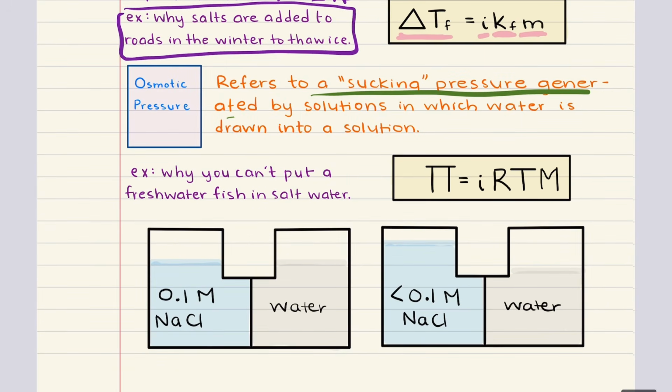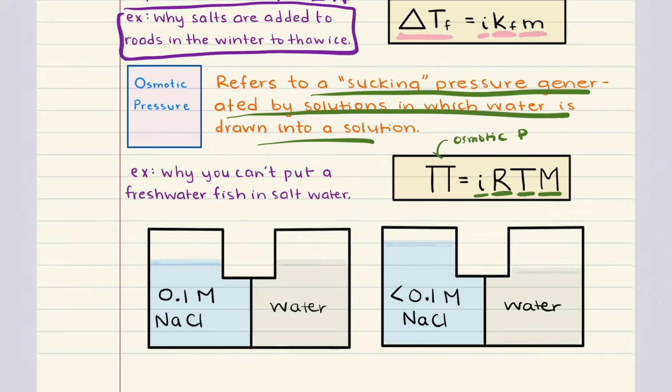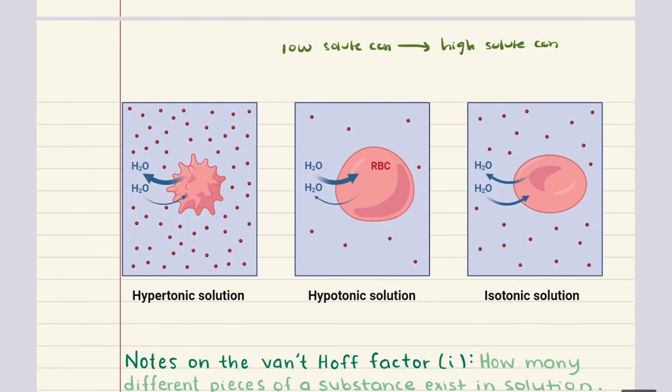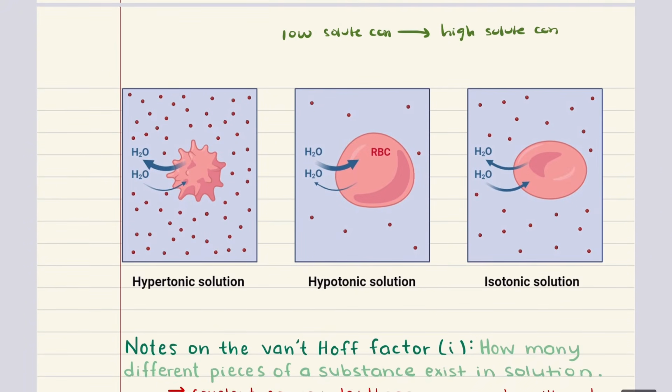The osmotic pressure of a solution depends on the concentration of dissolved particles, i, the temperature, T, and the gas constant, R. And this property is especially important in biology. It explains how cells regulate water and nutrient flow.